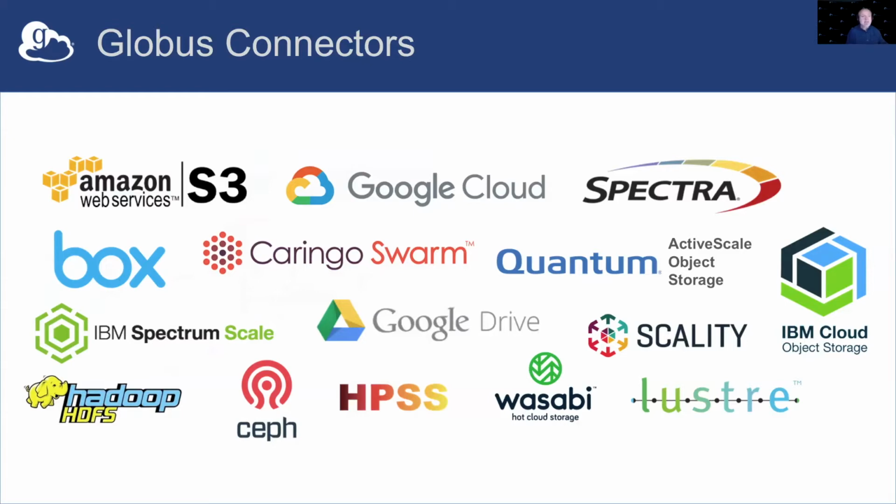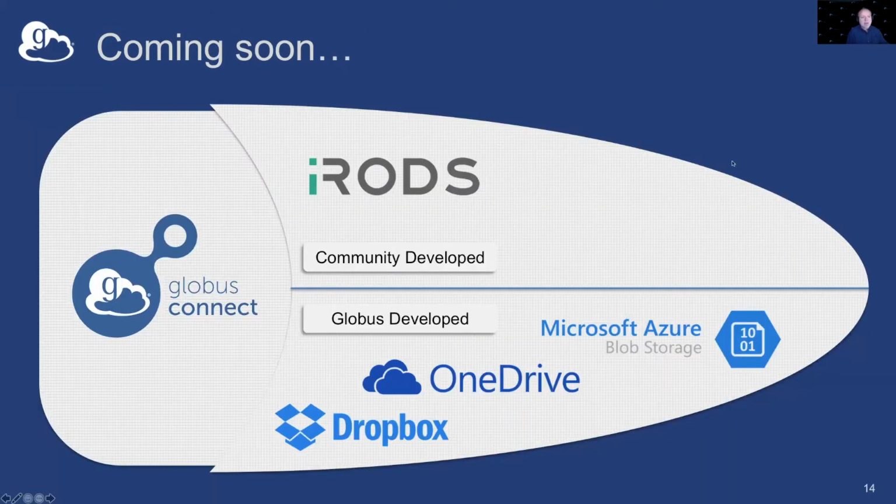And we continue to add to this list. We currently are in the final stages of testing a connector to iRODS. So for those that use iRODS to manage their storage, that will also be natively supported very soon. And then we have plans in the works to support OneDrive and other systems down the road.